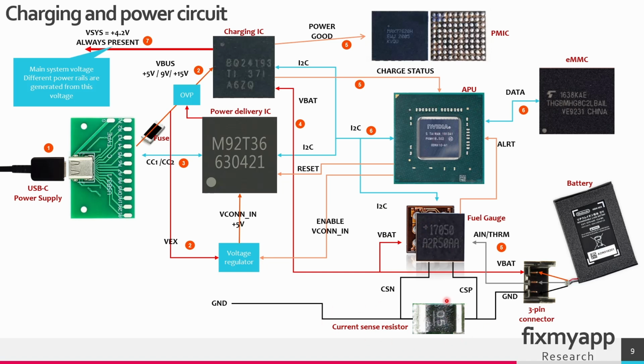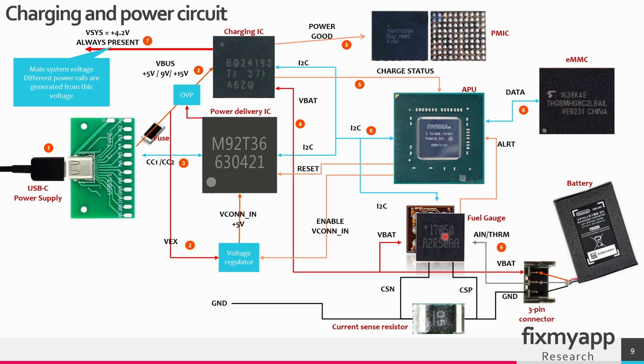This is the current sense resistor, and the current sense negative line and the positive line are directly connected to this fuel gauge IC. With this current sense resistor, it can measure the remaining capacity of this battery. Let's say this battery gets really hot. The fuel gauge IC will notice it on the thermal pin.